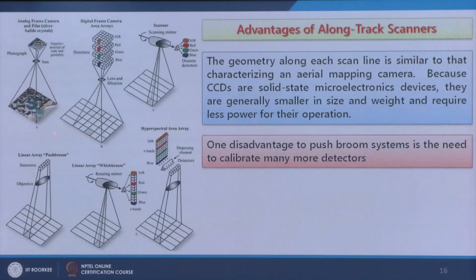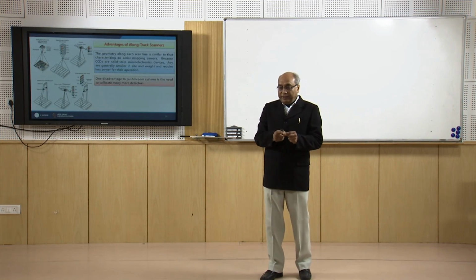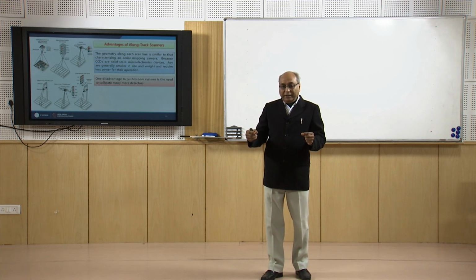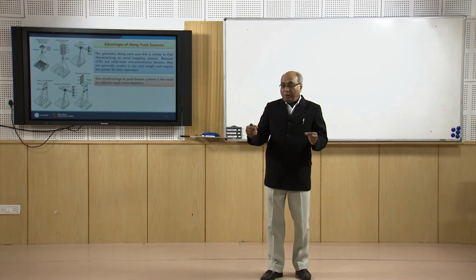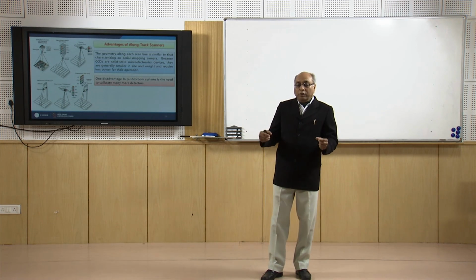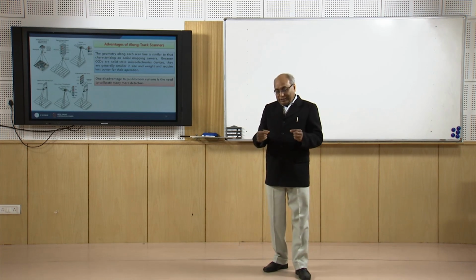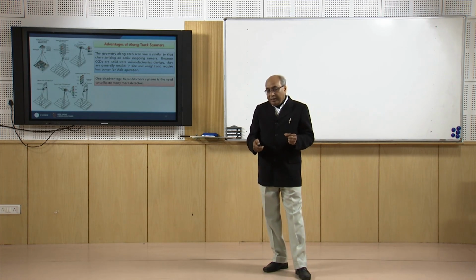However, there is one disadvantage to the push broom scanner: the need to calibrate many more detectors, because instead of one detector as in the across track case, you have arrays of detectors, and these detectors should perform uniformly. Therefore, before launching any such sensors, very high quality calibration is required.